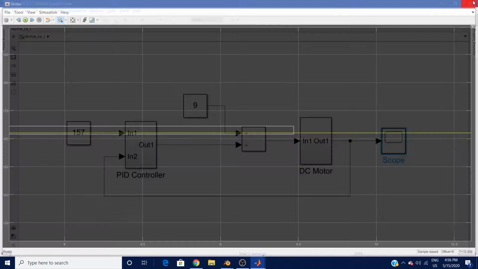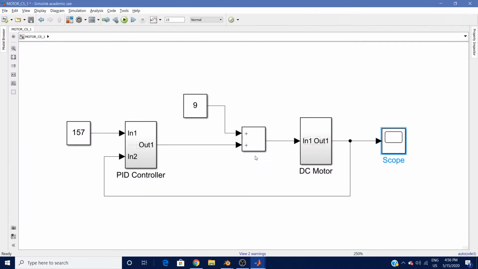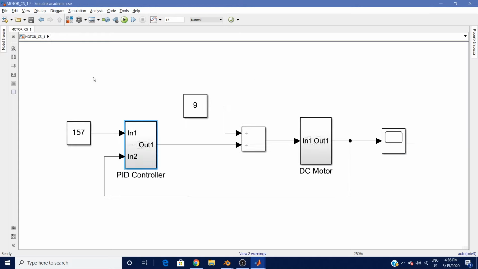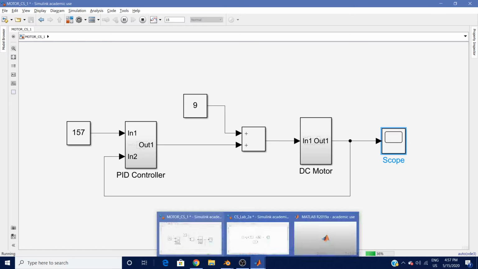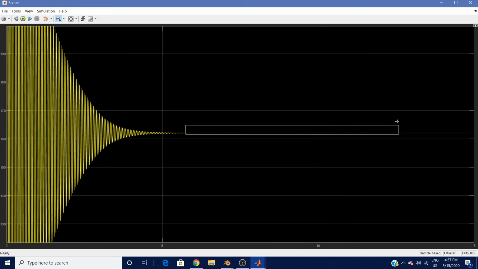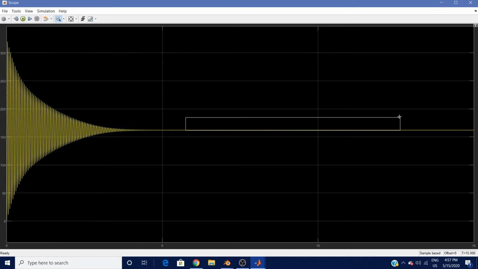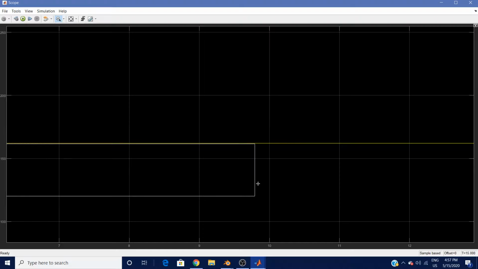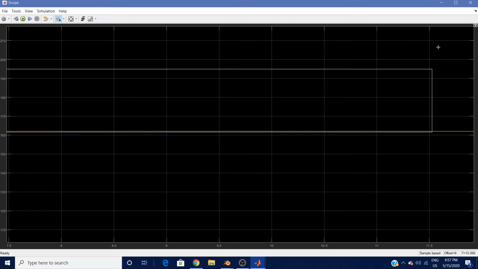no, that did not work. We've connected in the integral component, yes. Output, okay, this should have worked. Let's just wait for it to run the simulation again. No. There is something wrong.